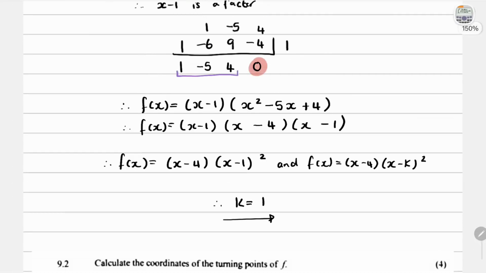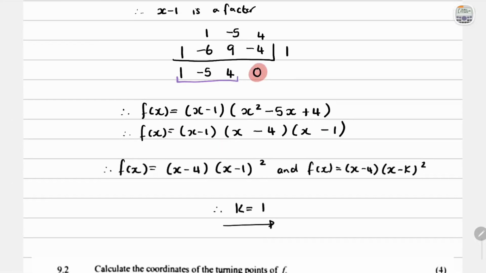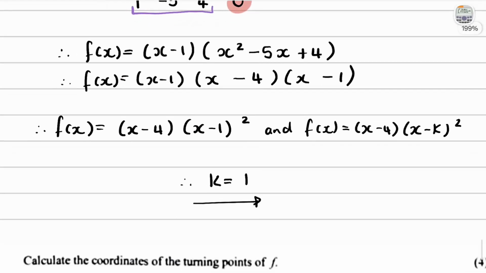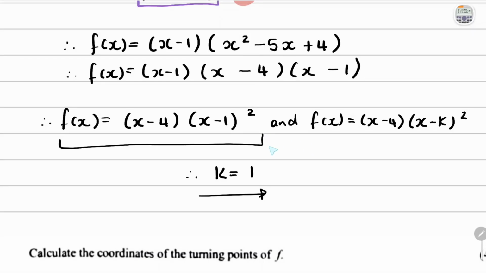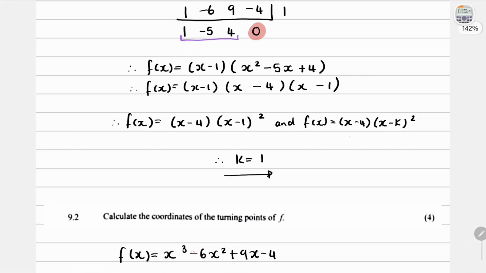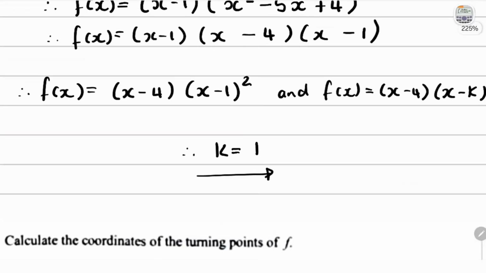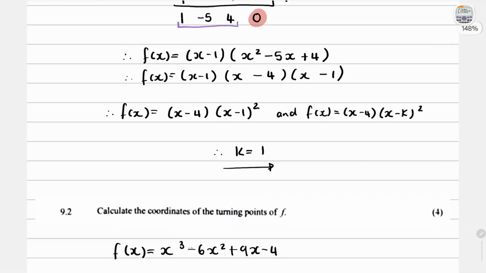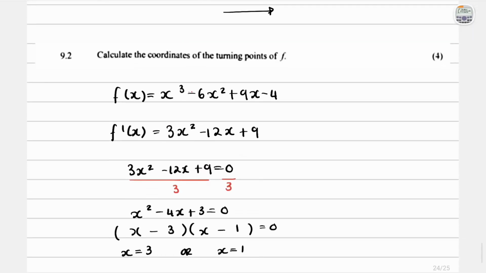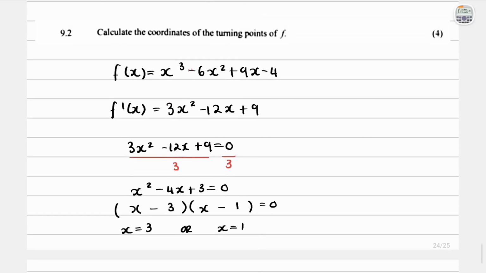Now with the way they already wrote this, you can already see that you have a situation where this is that kind of graph that has a turning point that is also an x-intercept. Okay, so that's that x minus 1. This one, the one that is squared, it's always going to be the one that is a turning point and an x-intercept at the same time. Okay, so we have these two as the x values.